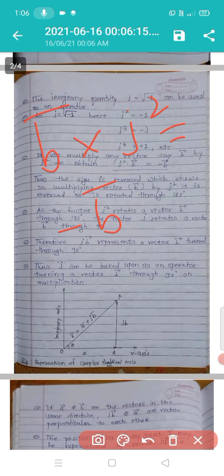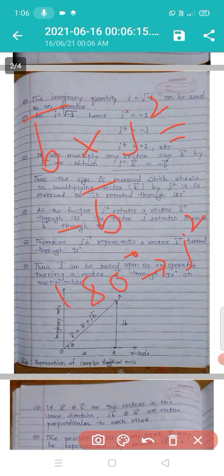Thus the sign is reversed, which shows that on multiplying vector b bar by j square, it is rotated through 180 degrees. J square rotates a vector b bar through 180 degrees.